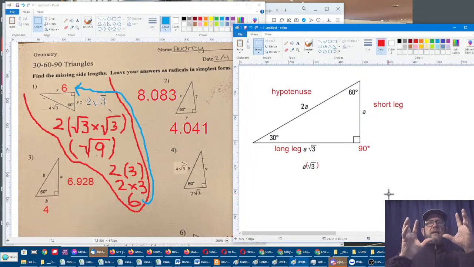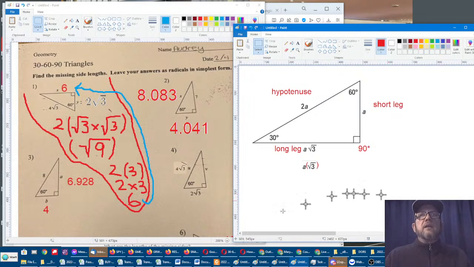That will help make it easier to understand how we multiply the long leg.